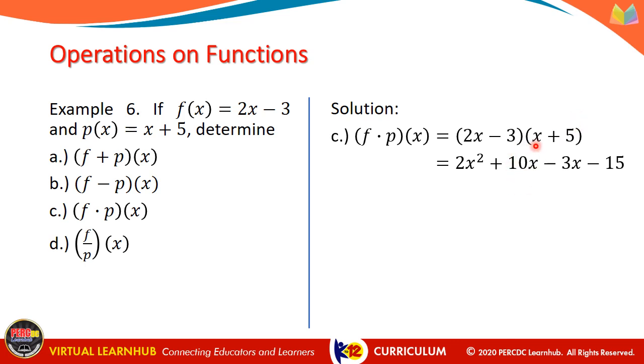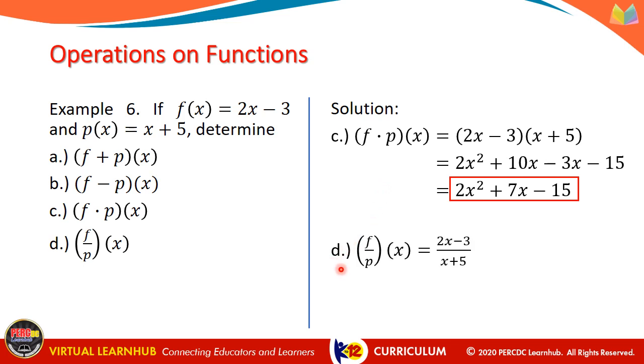Negative 3 times x is equal to negative 3x. Negative 3 times 5 equals negative 15. Simplifying this one, our answer would be 2x squared plus 7x minus 15. That is our f times p of x.